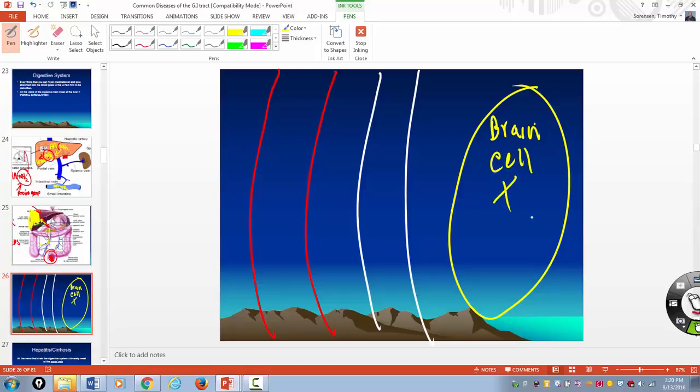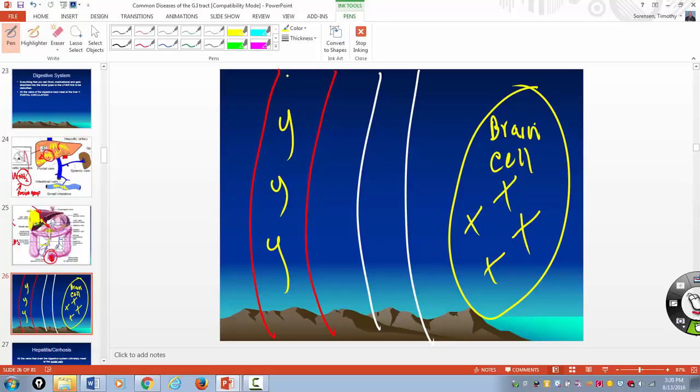And there's stuff in the brain cell, and there's stuff in the blood. So the osmolarity of the blood and the brain, they have to be the same. And remember, if stuff can't move, water can always move.